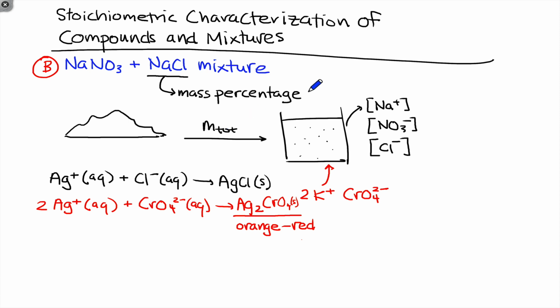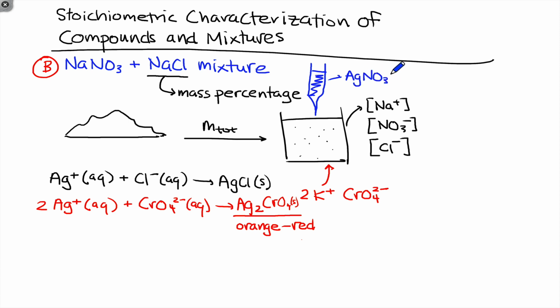To actually accomplish this titration, we're going to add silver in the form of silver nitrate via a pipette. And this is a little bit different from part A, because this silver nitrate solution that we're going to add, we're going to do so using a pipette rather than a burette.